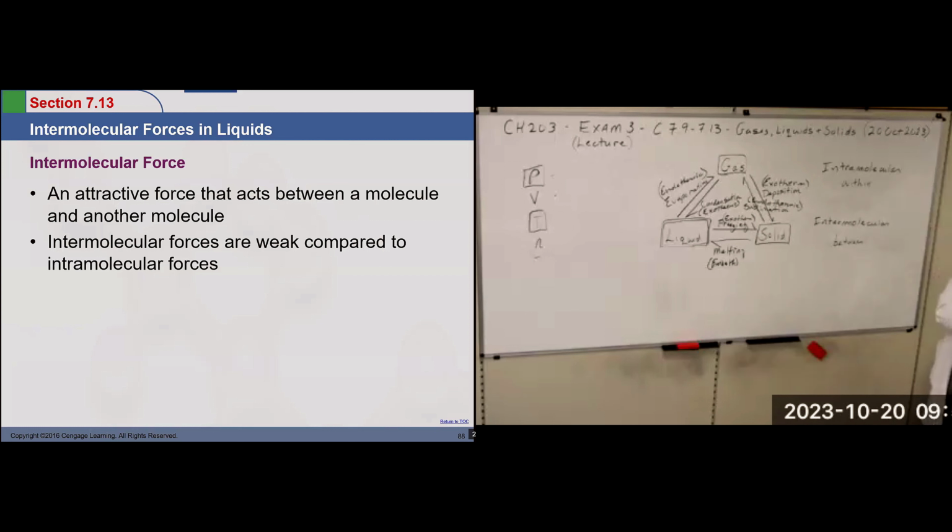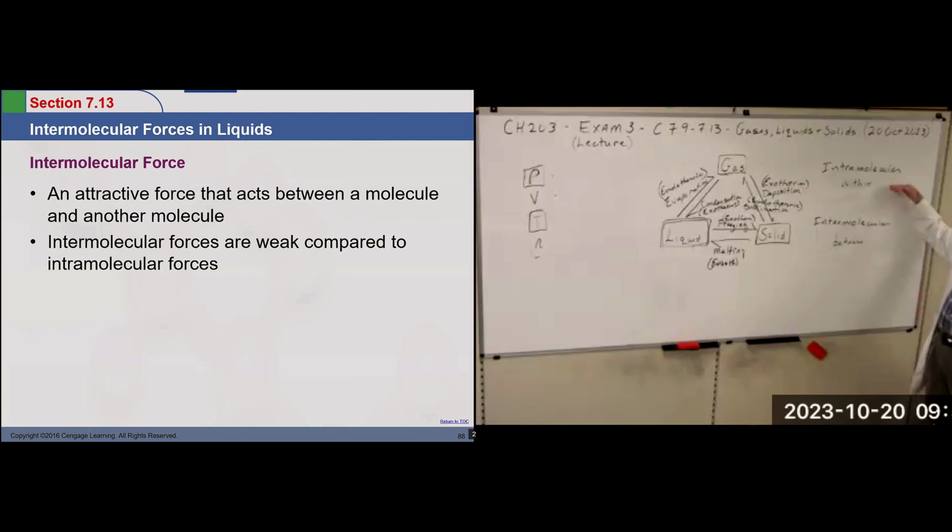I mean, look at it this way. What if it were the other way around? What if the forces between molecules were stronger than the ones within molecules? You're close. The molecules would get ripped apart because the strength of the forces between molecules would be too strong for the structure of the molecule and just pull it apart.